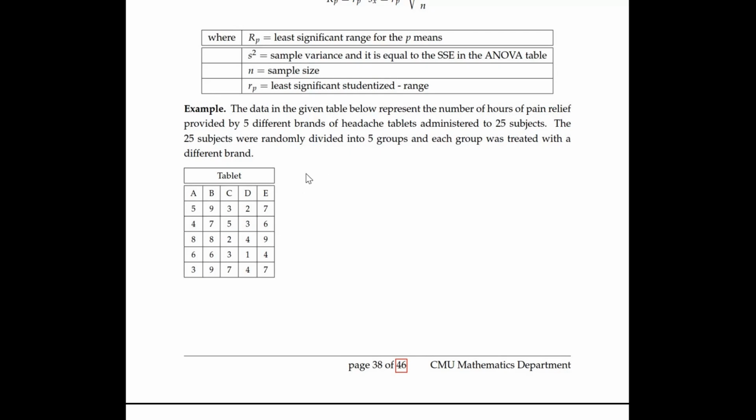So to illustrate DMRT in this example, we have rejected the null hypothesis.